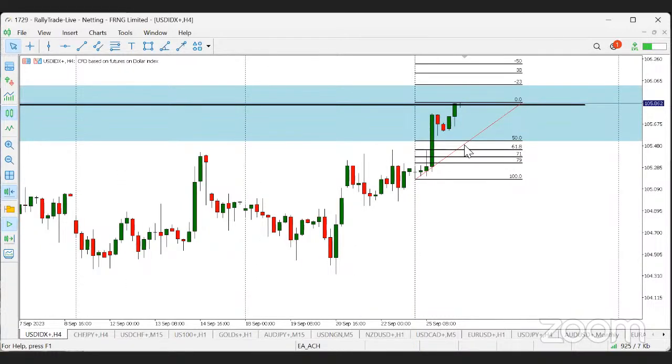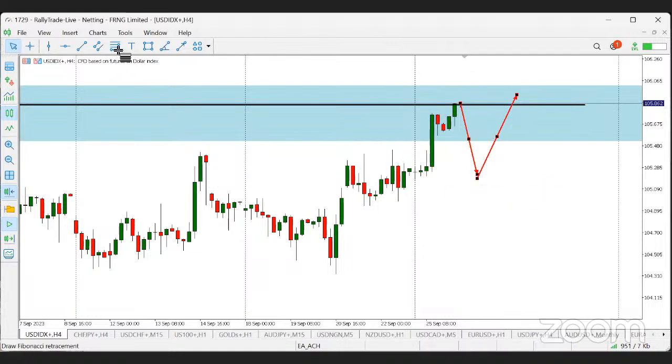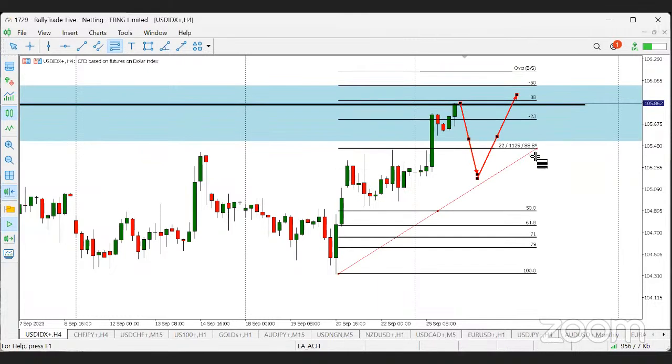What I will do is draw my Fib, waiting to catch the retracement. So this is what I'm expecting: a retracement to the downside, and then possibly after that, a push to the upside. I'll be drawing my Fib, and then I will mark the area in which I am anticipating the market to retrace to.